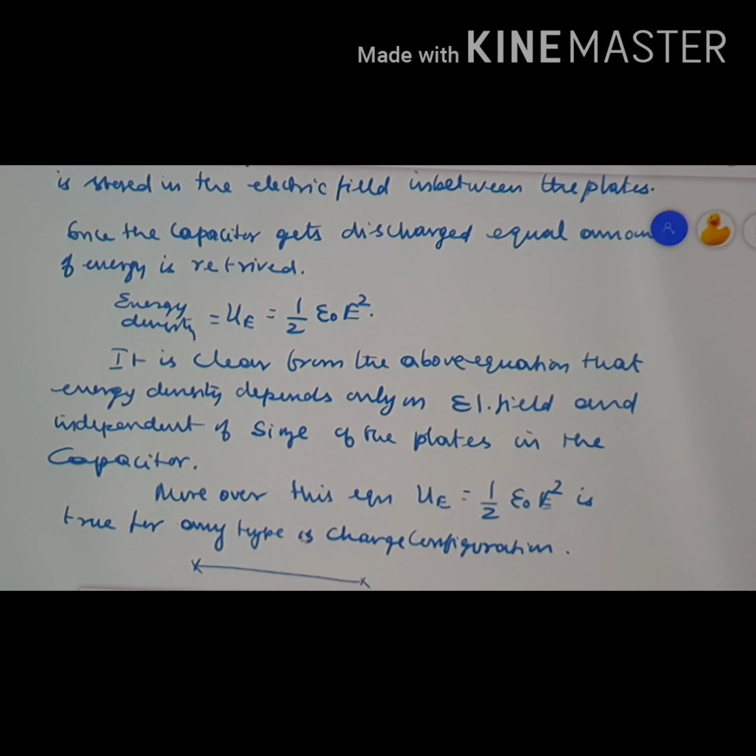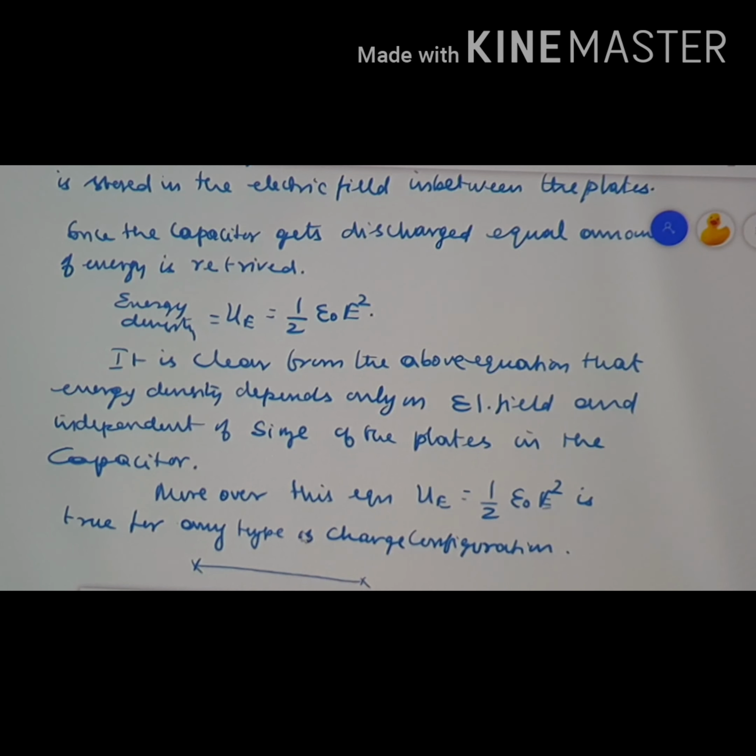From that, we have also studied the energy density, for which we got the expression epsilon of E, that is, energy density, total potential energy per unit volume, is equal to half into epsilon 0 into E square.